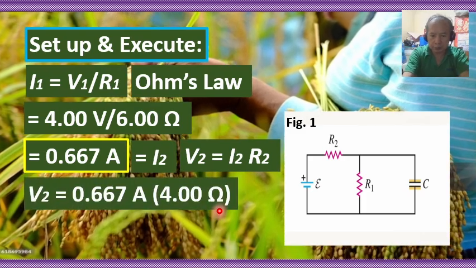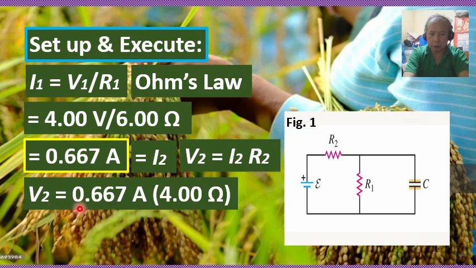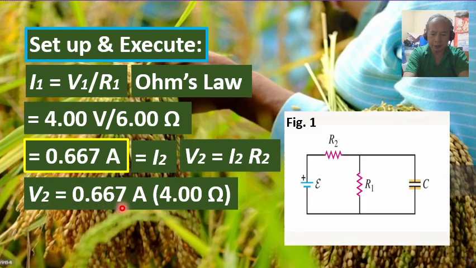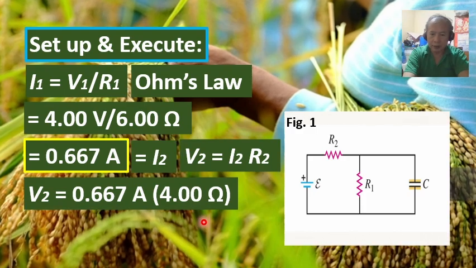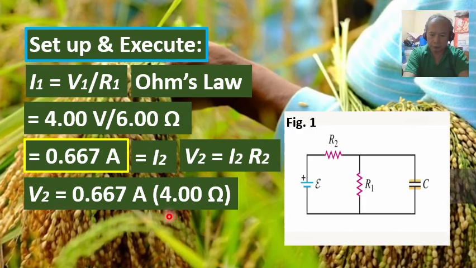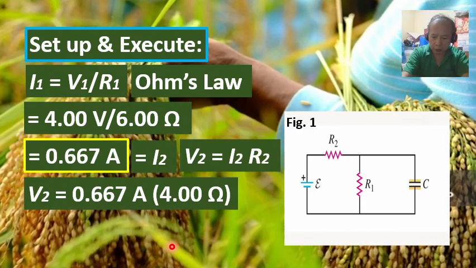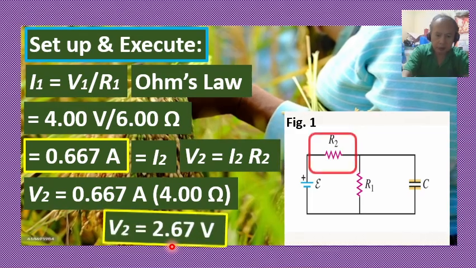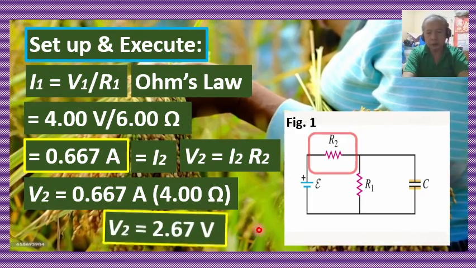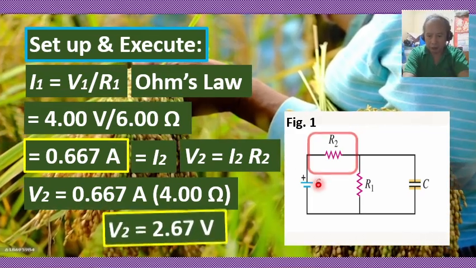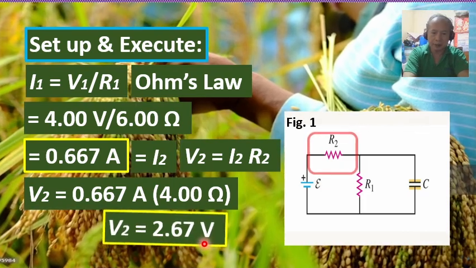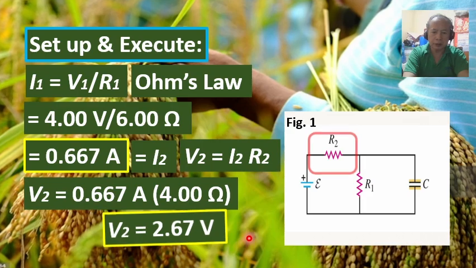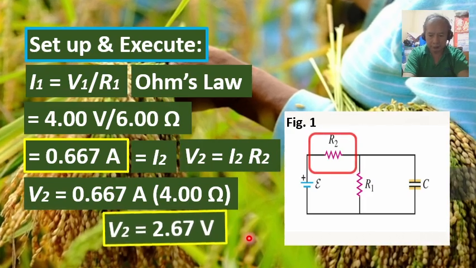So substituting, we get V sub 2 equal to 0.667 amperes multiplied by the resistance R2, 4.00 ohms, which gives us the voltage drop across the resistor R2 equal to 2.67 volts, also rounded to three significant figures.